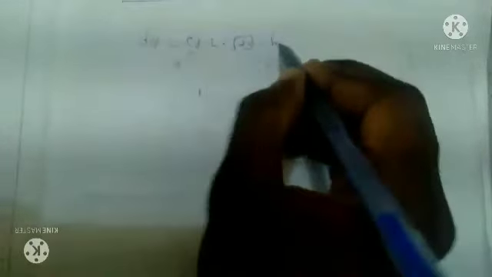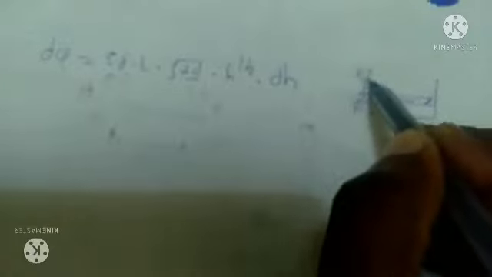Let us proceed. Now dQ equals Cd times L times the square root of 2g times h power half times dh. But remember, we have a strip, this small strip, which has a thickness dh, then you have h up to the free surface of water, then you have the full H. So we need to get the full discharge which is passing through this notch.